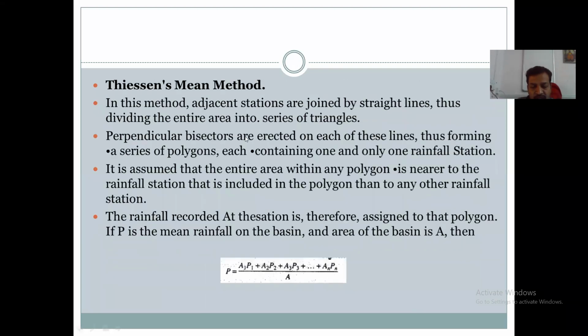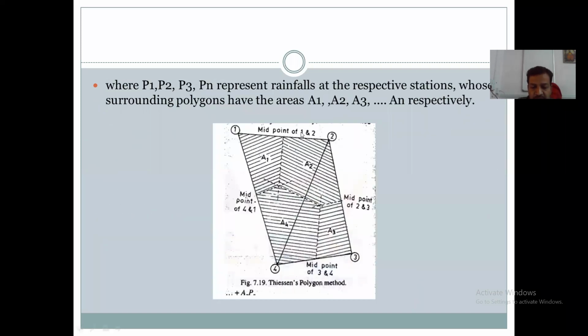In the Thiessen polygon method, a polygon is formed and divided into different parts. The bisectors are taken on each side of this polygon, and the areas are calculated for each part, A1, A2, A3 and A4, and precipitation at each rain gauge station is recorded.